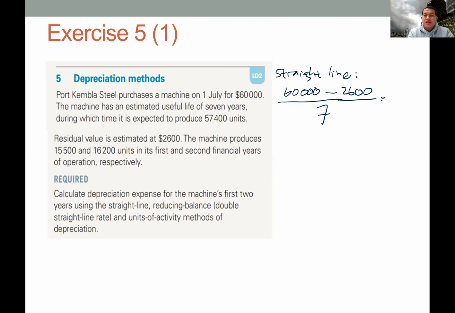And then we get the annual depreciation expense using straight line method. This one should be 8,200. So year 1 and year 2 will use the same amount of expense, which is 8,200.